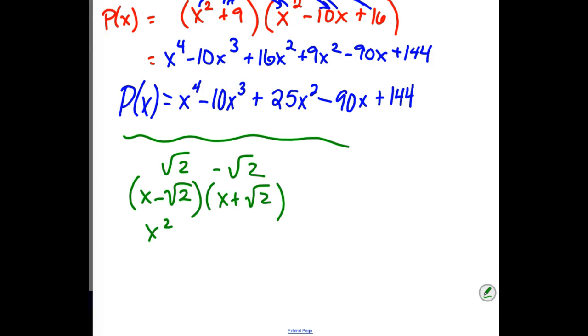X squared. Will the insides and outsides still drop out? Yes. My last term becomes a negative root 2 times a positive root 2, which would be a negative root 4, but the square root of 4 is 2. So this really becomes x squared minus 2. Does that make sense? Okay.